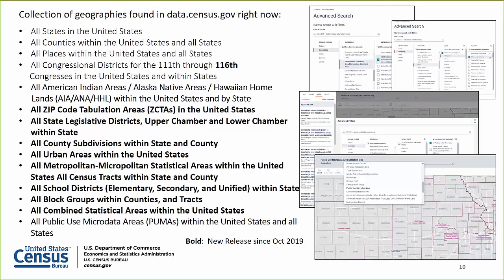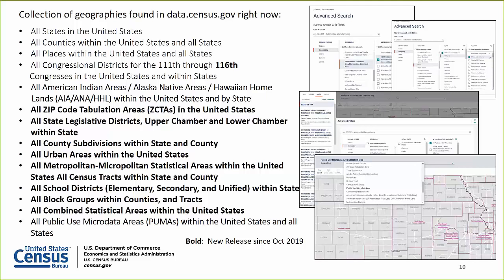All county subdivisions within state and county. Urban areas within the United States. We've done micropolitan statistical areas within the United States. Also, the big one that we've heard the most requests for was all census tracts within states and also within county.